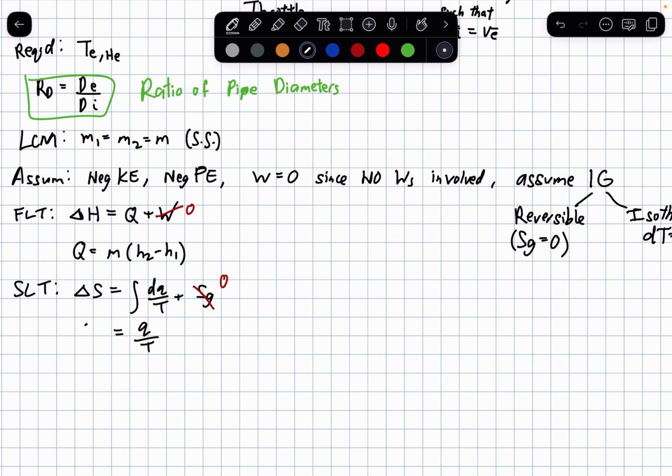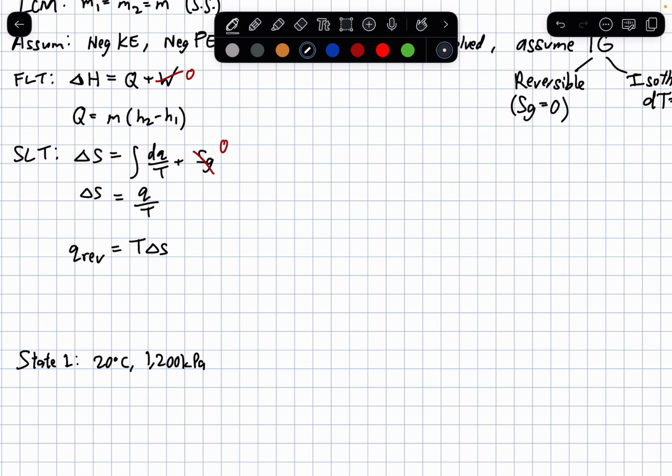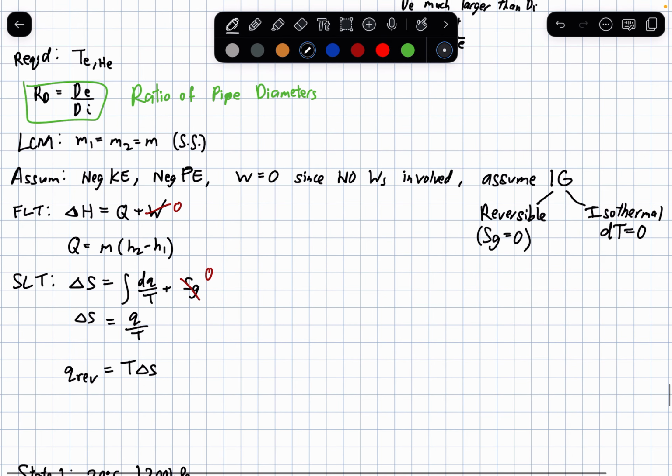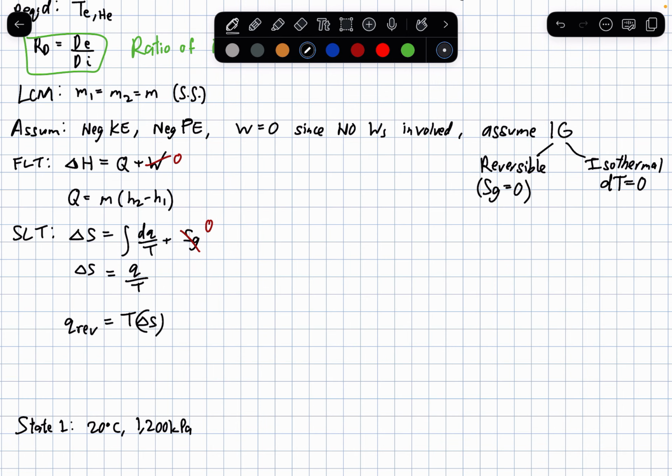Delta S. So Q, this is Q reversible, T delta S. There's no need to put mass here since the q here is already small letter; this is specific heat transfer, and that's reversible.